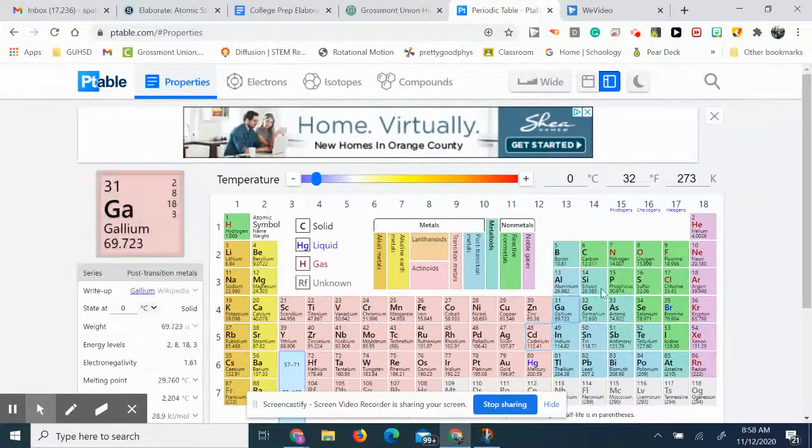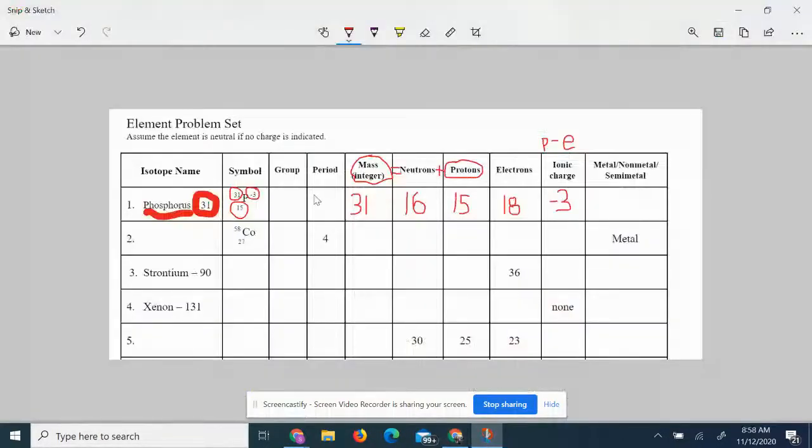So phosphorus is group 5A or 15, and it's in period or row 1, don't forget the row with helium, 2, 3. So phosphorus is going to be in period 3, and for your group, you could write either 15 or you could write 5A. Either way, you would be correct.